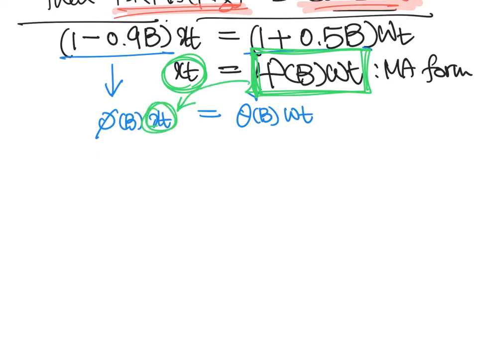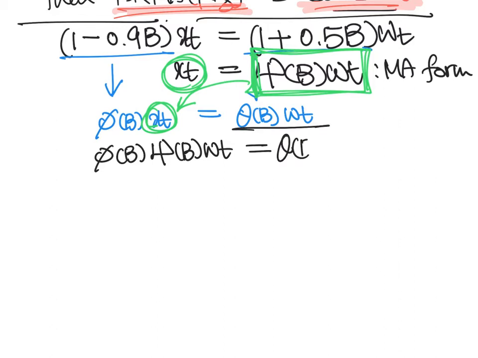So now it will be phi(B), big phi(B), wt will be the same as theta(B) wt. Then now we can cancel out the wt and rewrite.